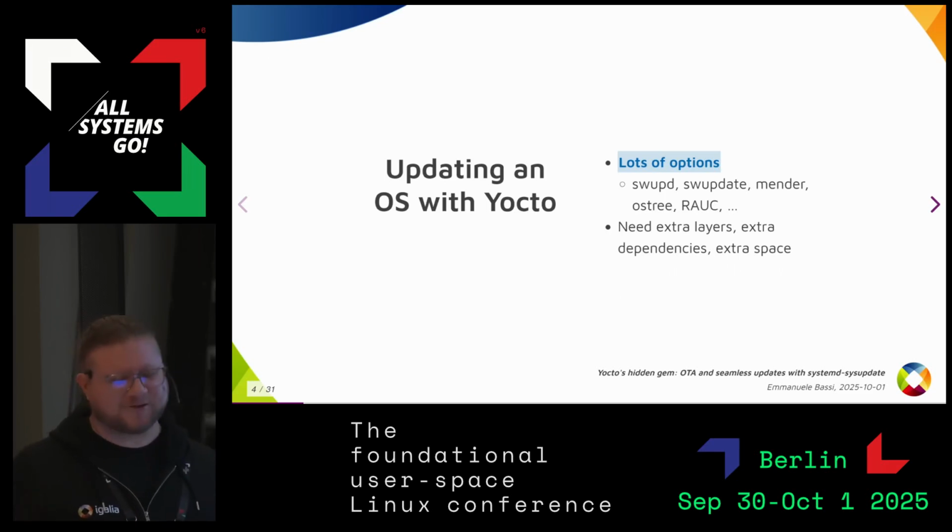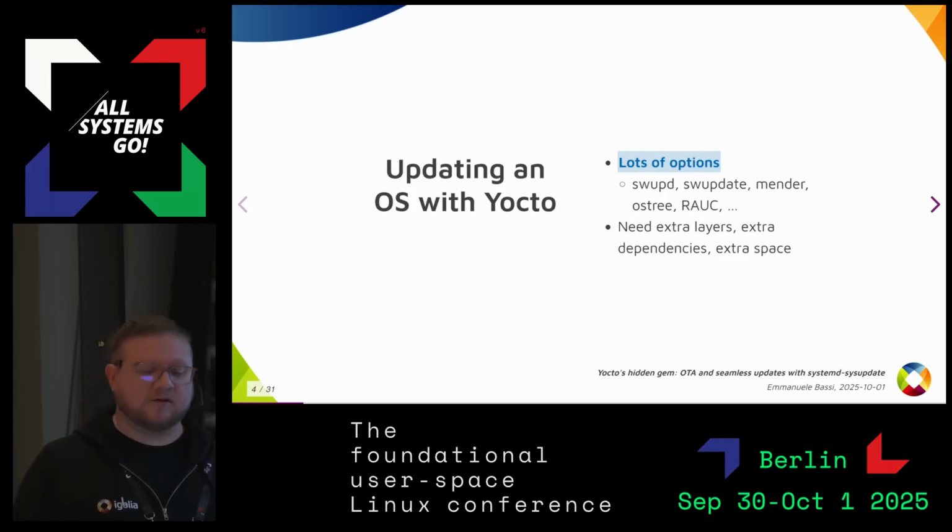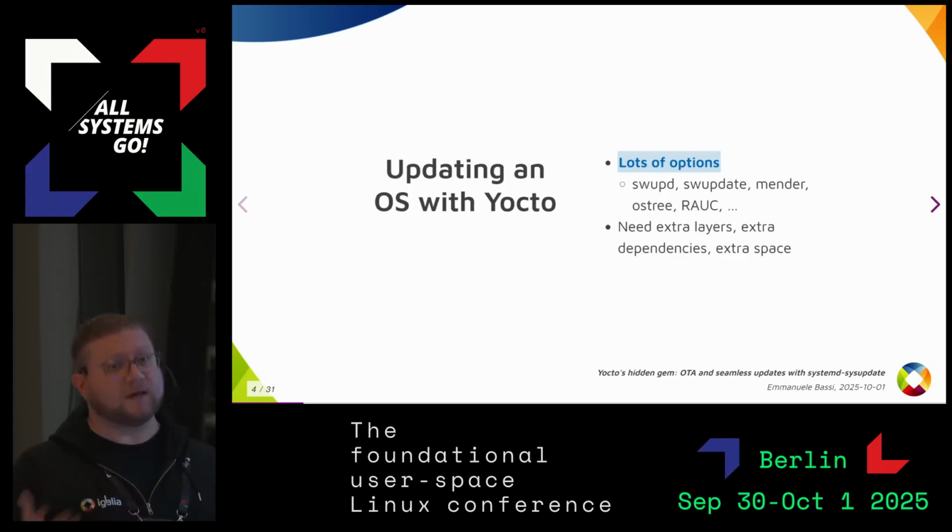If you go on the Yocto website, there is a list with pros and cons for each, and there are recipes on how they're integrated in the final result. But every single solution needs its own extra layers of dependencies, needs its extra space on the final image. Some of them may be big, some of them might be small-ish.